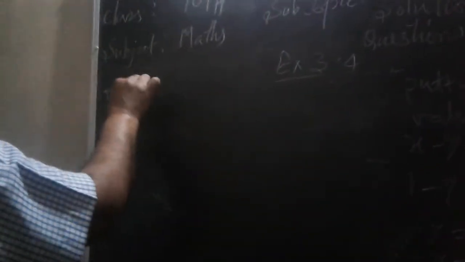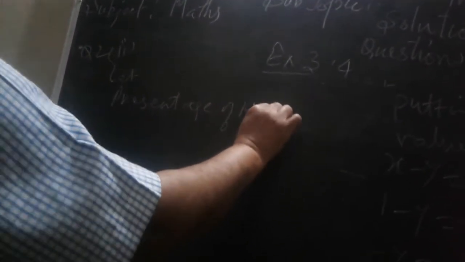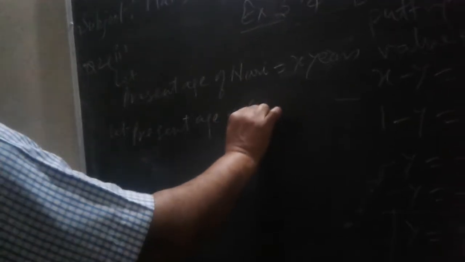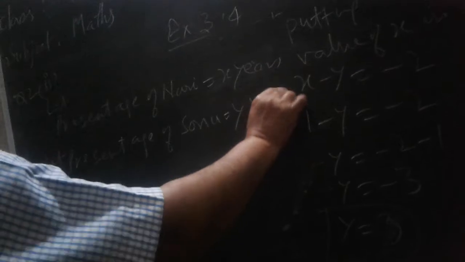Question number 2, second part. Let the present age of Noori equal x years. Let the present age of Sonu equal y years. We have supposed the present ages of Noori and Sonu.